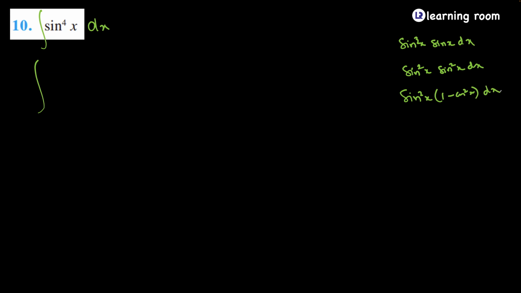You want me to write it like this? Well, again, aren't we going to get stuck? Because if you take sine x as t, cos x dx is supposed to be dt. If you take cos x as t, sine x dx is supposed to be dt. Neither of them has the power as 1. So what can we do?